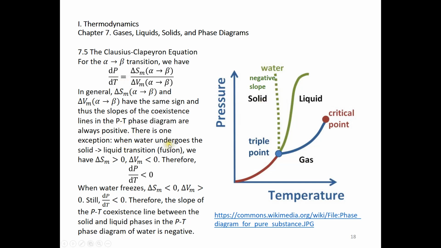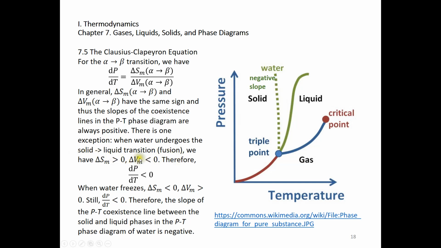That's when water undergoes the fusion process, and then we have the molar entropy of this fusion process greater than 0, because the molar entropy of liquid water is larger than the molar entropy of ice. However, we know the density of liquid water is higher than the density of ice.